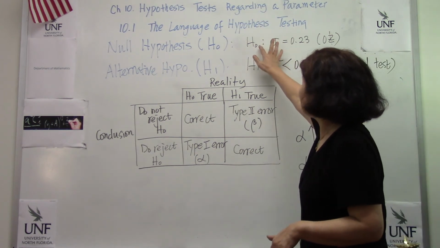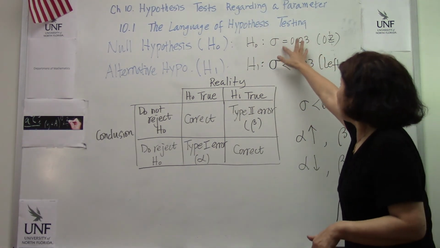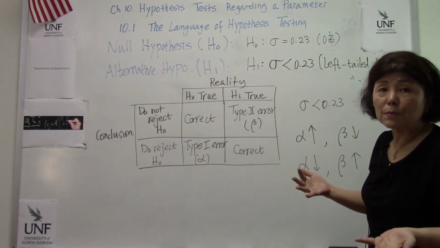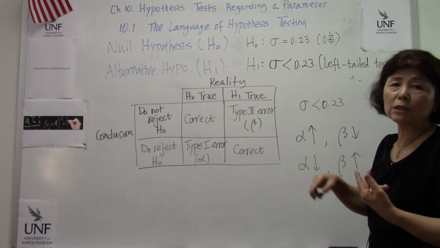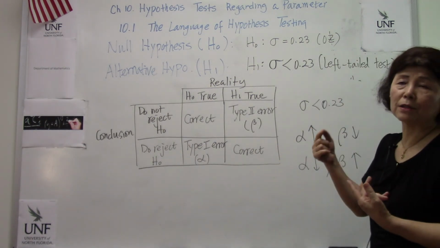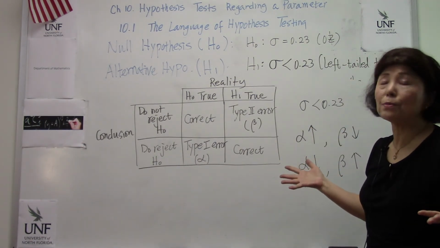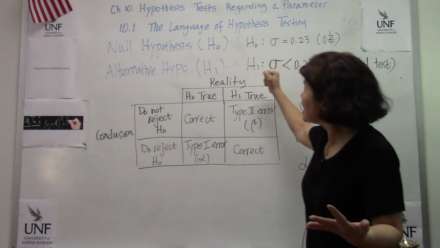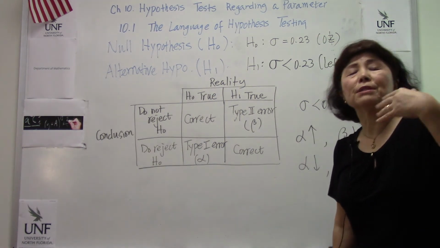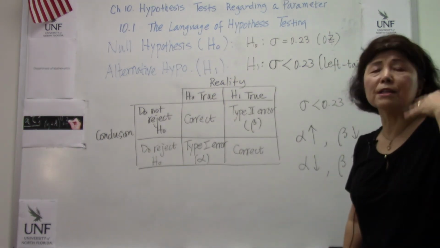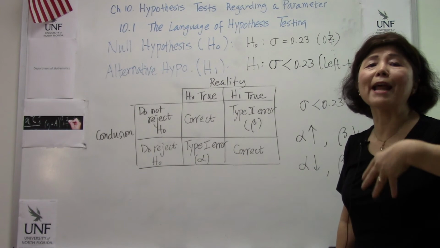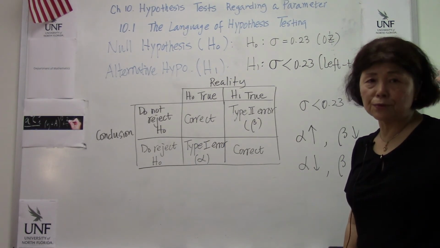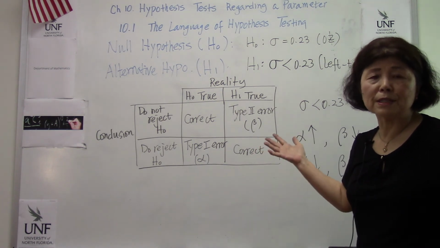That is H naught, as we always use equality over here. The statement is going to be about proportion, about standard deviation, about mean; they could be different, but always an equal sign over here. The alternative hypothesis is what the researcher claims, or what the new ownership claims: we improved our taste, or we improved the quality of this material.